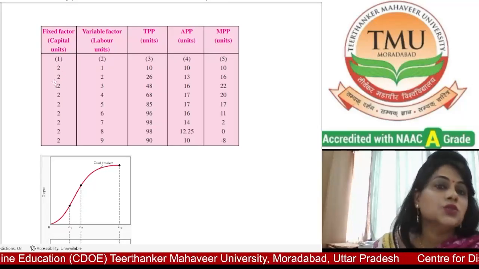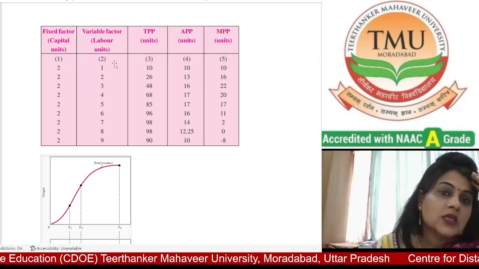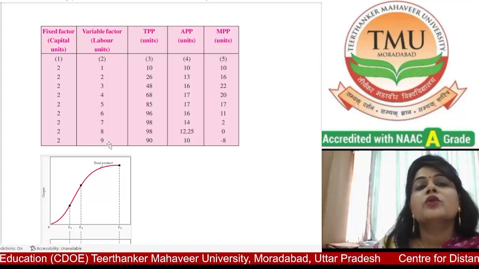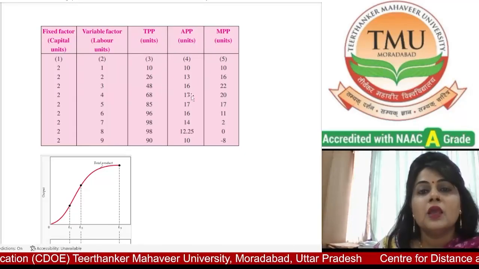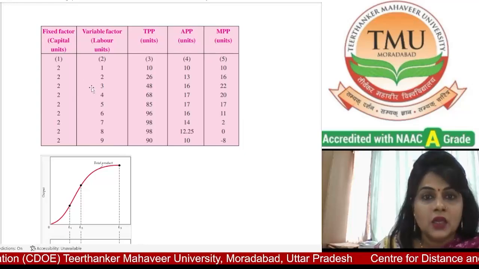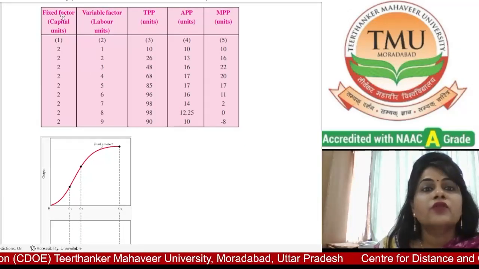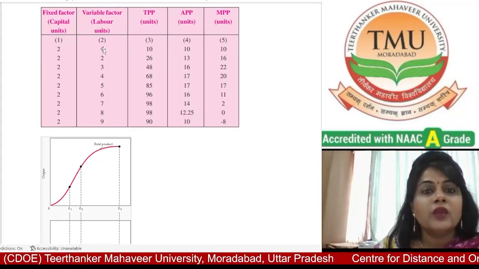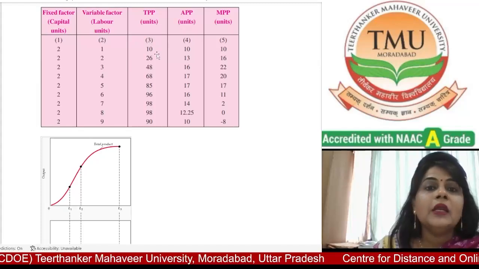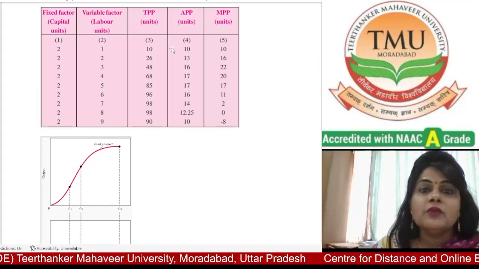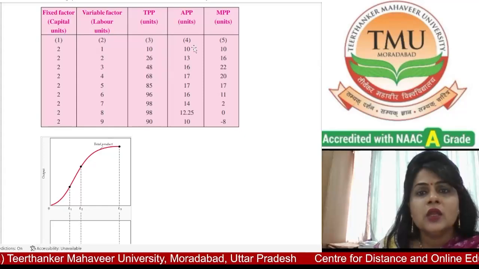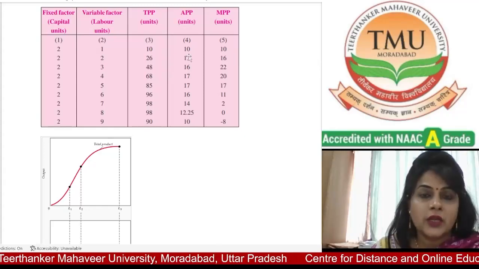Only two capital is used. TPP here, APP here, and MPP here. Now, with the use of the two fixed factor and one variable factor, TPP gains 10 units. The first time, APP is also 10 and MPP is also 10.